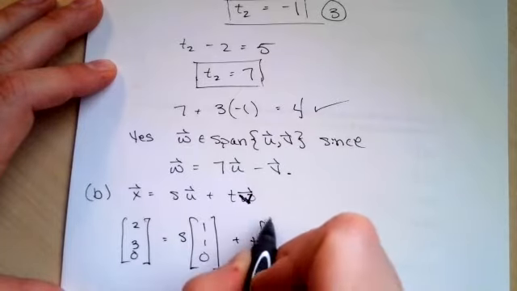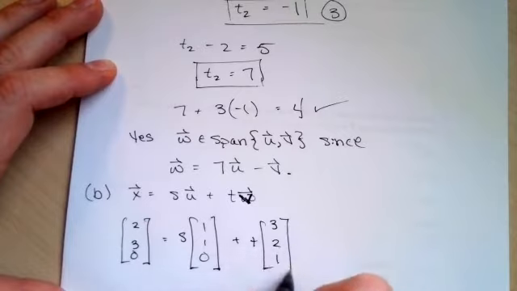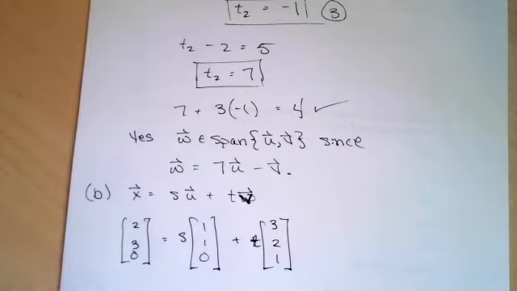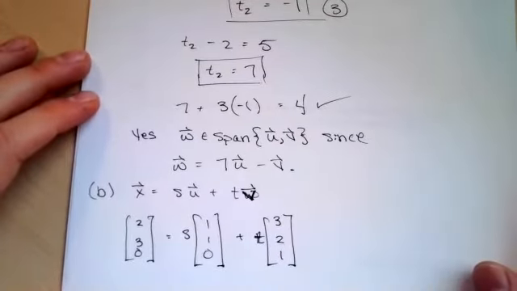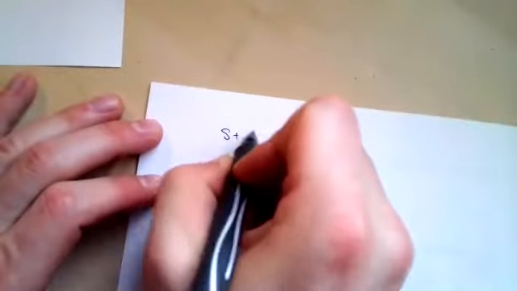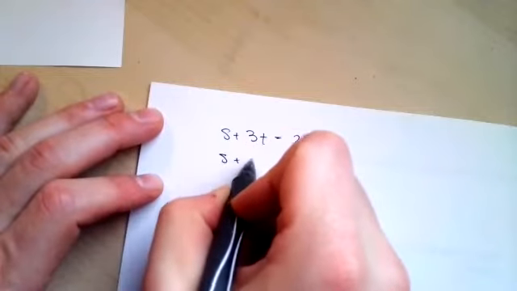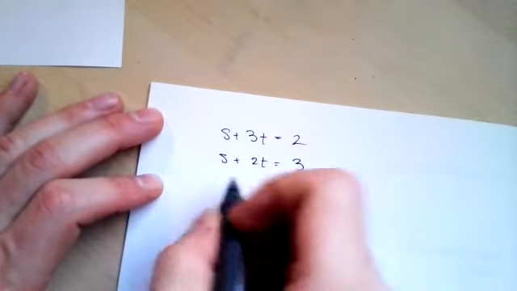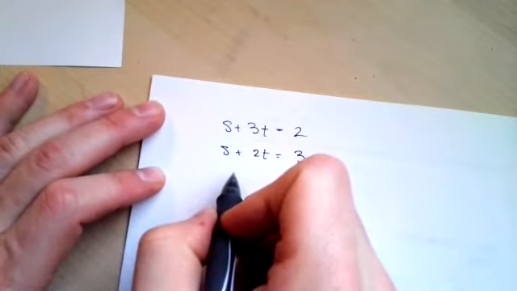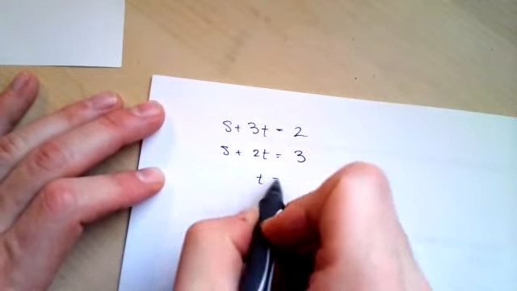And V was 3, 2, 1. So once again, we have a system of equations where we have S plus 3T is equal to 2, S plus 2T is equal to 3, and then the bottom equation says T is equal to 0.